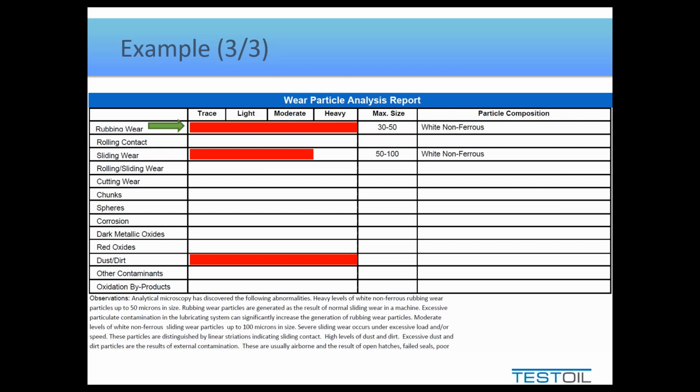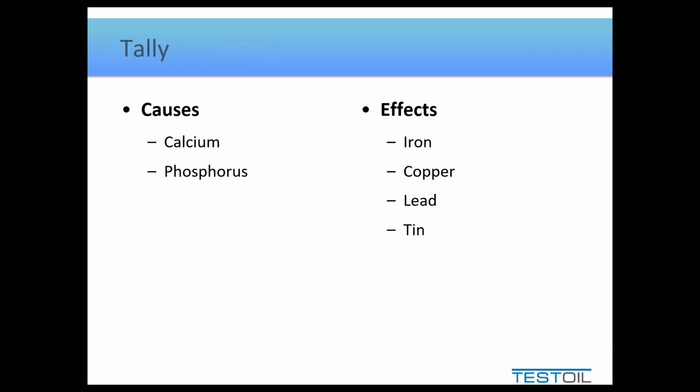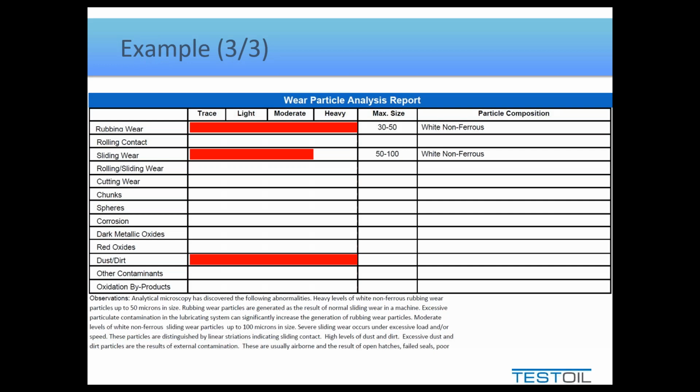So this is not a good thing to see, but is rubbing wear a cause or an effect? Well, funnily enough, just like the iron, copper, lead, and tin, it is also simply an effect. Something is making this thing wear, and that's just one of the ways it manifests on the report. They're all effects. The next thing on the report we don't like is going to be sliding wear, because anything beyond the first 2 I said are always, always, always abnormal.